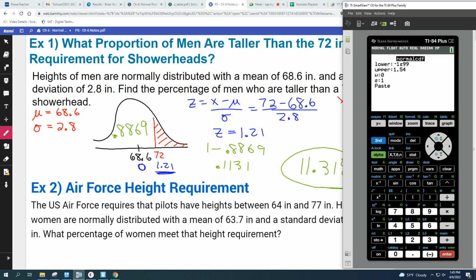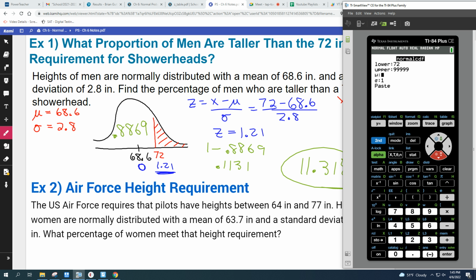But we don't even really have to standardize it if you think about it. This function will work for our numbers. So our lower number was 72, and our upper number we need to go to basically infinity, all the way over to the right. So I just type in a bunch of 9s to make us go way over to the right and fill in the right side of that graph.